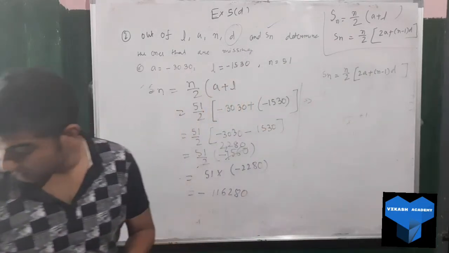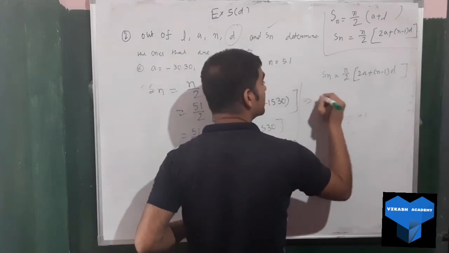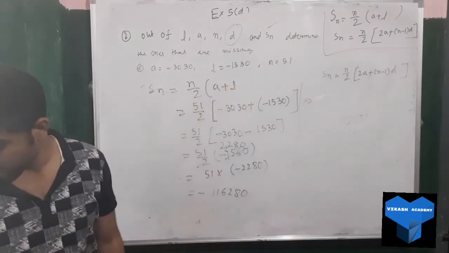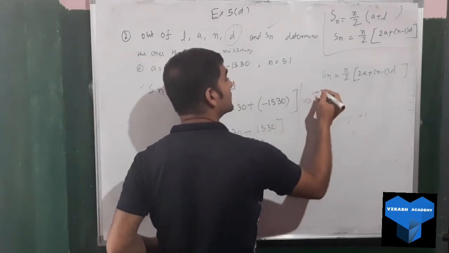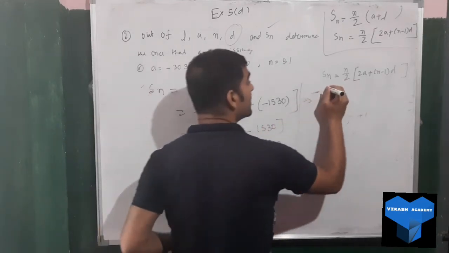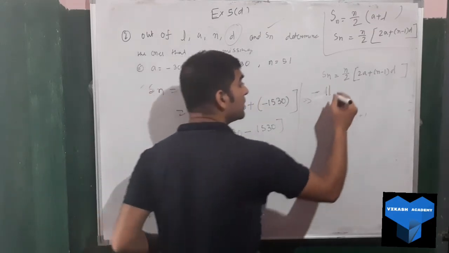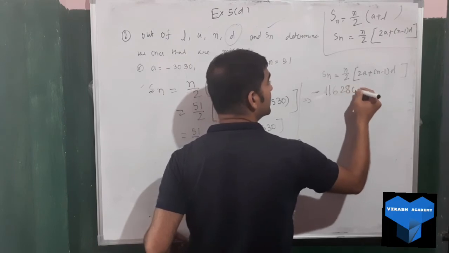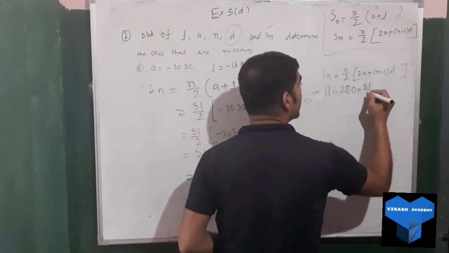Minus 116280. Then n by 2, n we have 51, so we write 51 by 2.